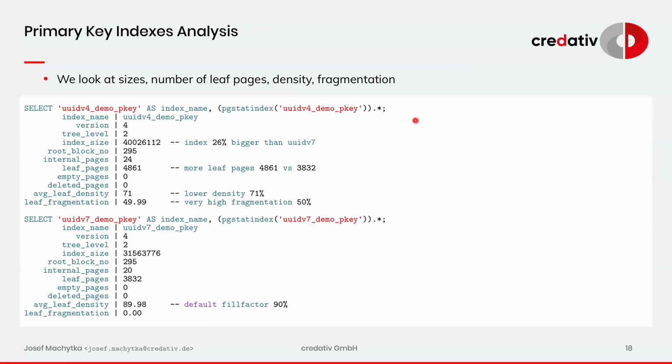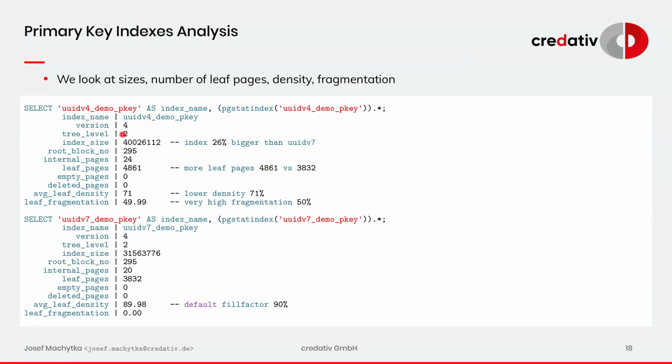So here I calculated some statistics from those indexes and I used this pgstatindex function, and let's analyze it. So here is the primary key on IDs based on UUID version 4. Here is the primary key on ID with UUID version 7 values.